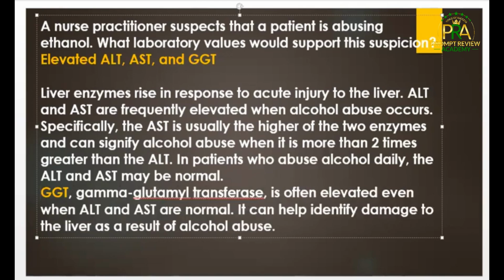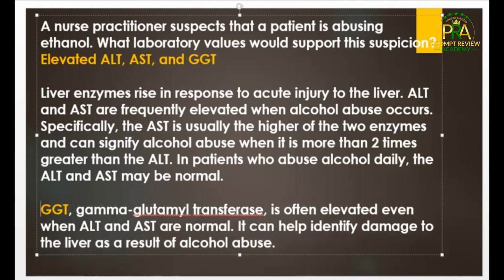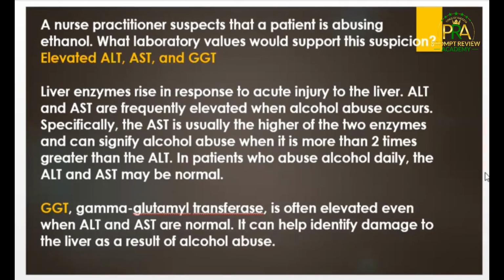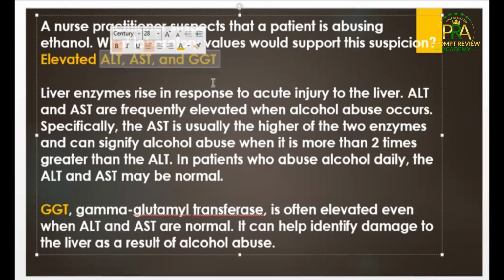Even if the ALT and AST are normal. So that is why I said GGT is the most important. But in the exam, they are going to put the option that has these three things. But if they don't put an option that has these three things, always remember to choose GGT. GGT is the most accurate for somebody that is alcoholic.